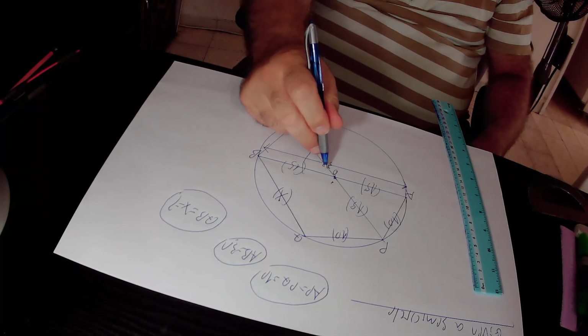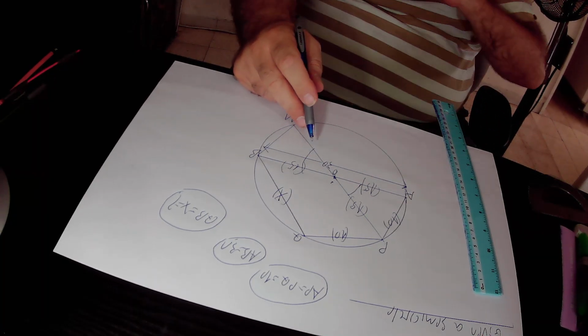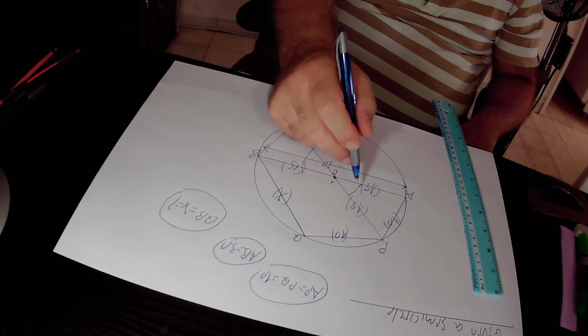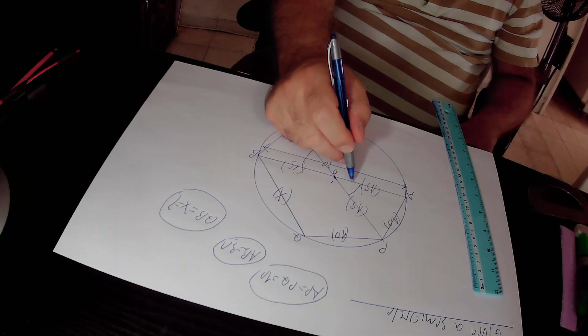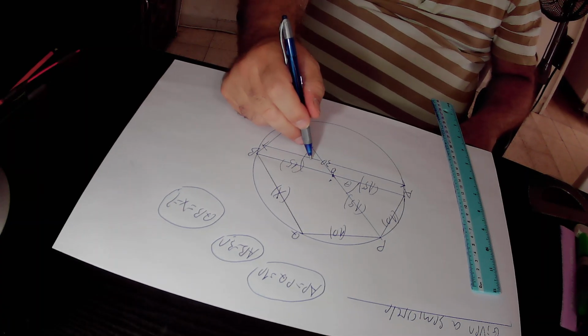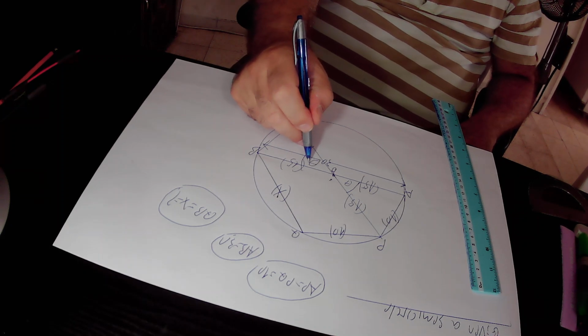Those two angles are vertical angles, and vertical angles are equal to each other. So if the size of this angle is theta, then the size of this angle must also be theta.